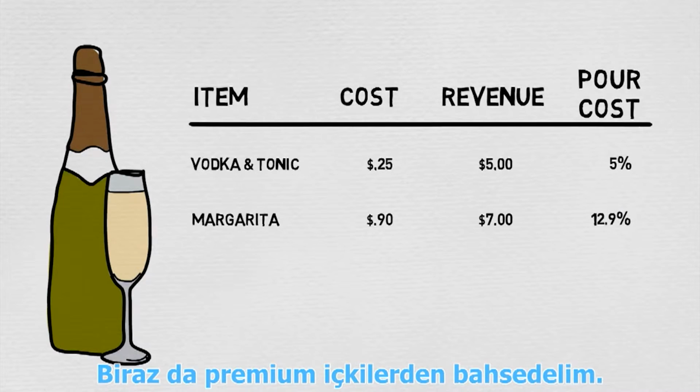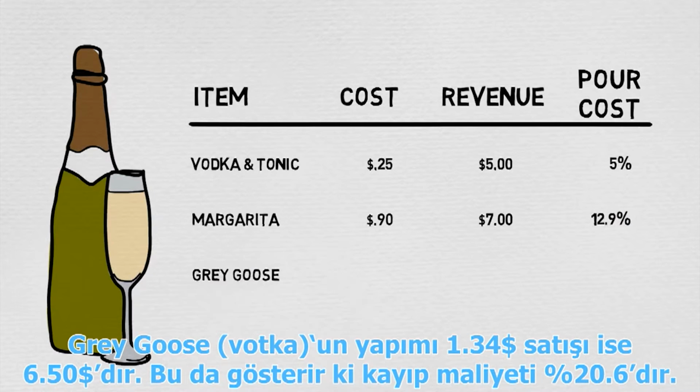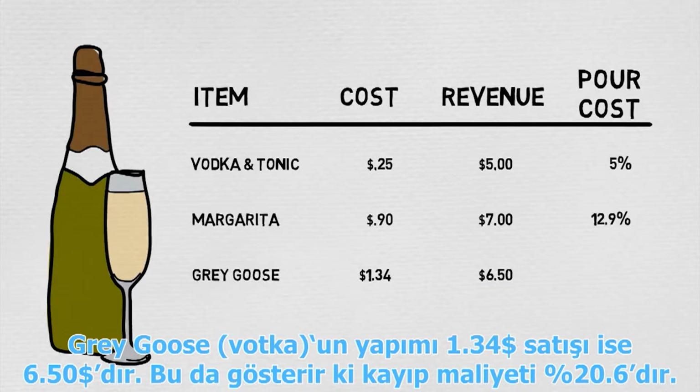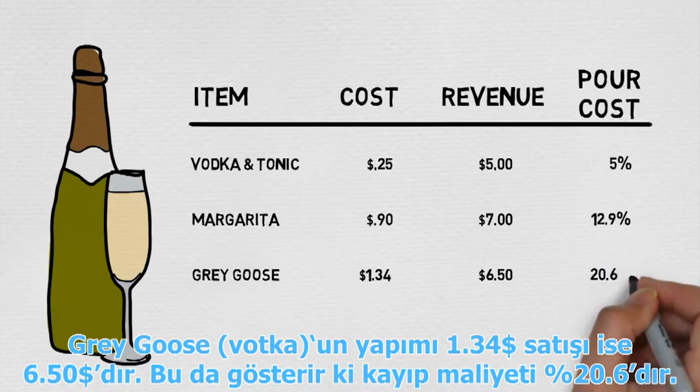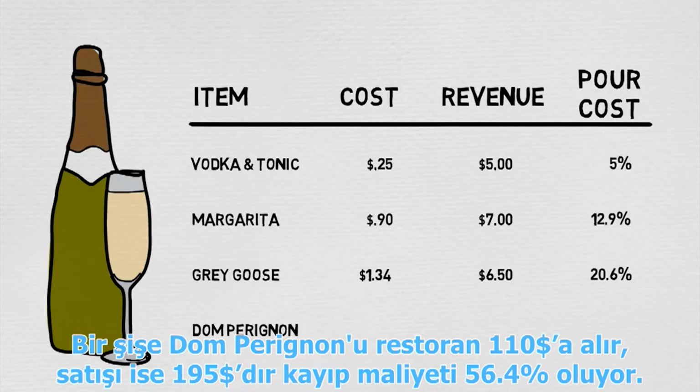But what about when we start talking about premium drinks? A Grey Goose may cost $1.34 to make and sell for $6.50, representing a 20.6% pour cost. A bottle of Dom Perignon could cost the restaurant $110 and sell for $195, a pour cost of 56.4%.